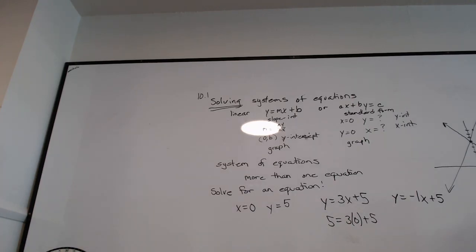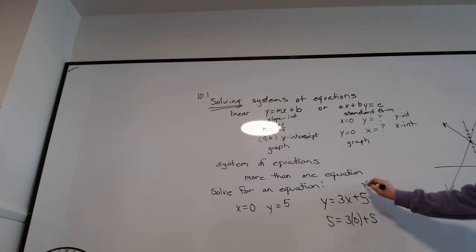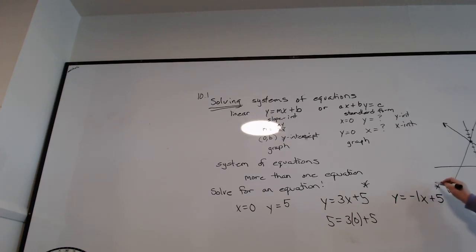So now I have these two equations, equation 1 and equation 2. Those points represent all the points that make this one true.